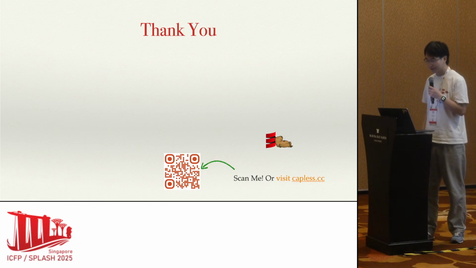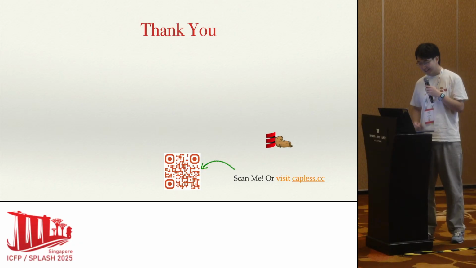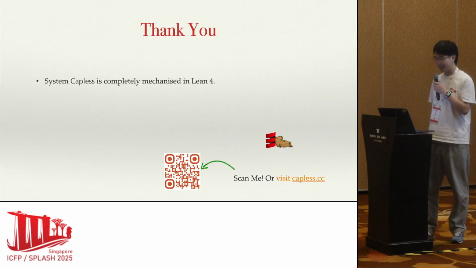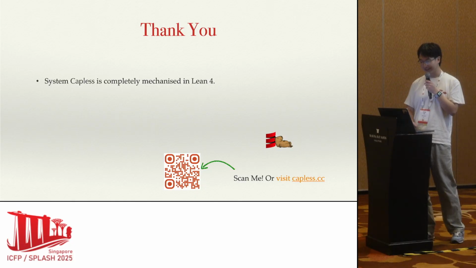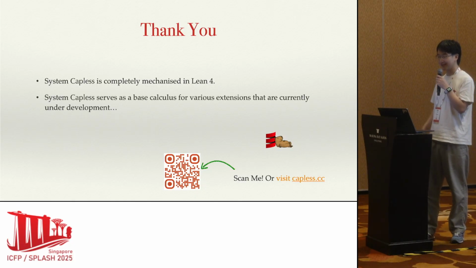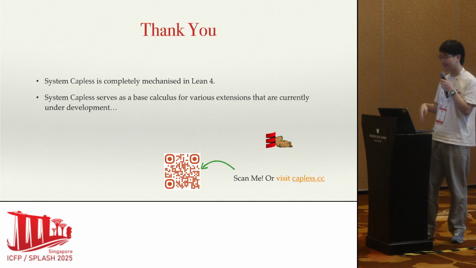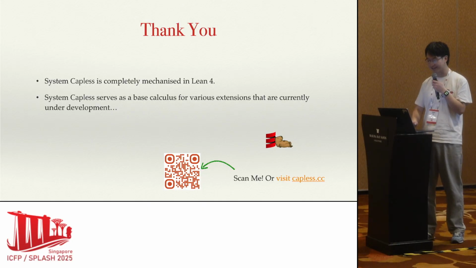This is a short talk, so we cannot cover everything, but there are some more things. The metatheory is completely mechanized in Lean 4. Furthermore, we have Capless, which is now a great foundation system for starting various extensions. There are a lot of extensions under development.